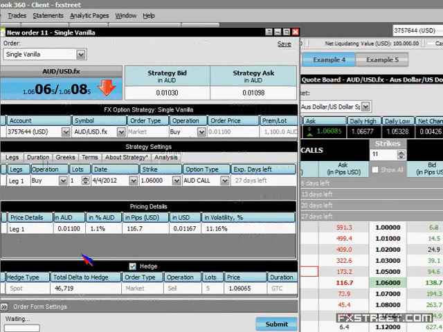So let's say you wanted to roll this 106 Aussie call from April 4th out another month. You can click this hedge function here, and when this option gets executed, you're going to get this spot hedge at the same time. So you're not really taking any directional risk while you're building your order form for your second roll transaction. So hopefully that answers your question.